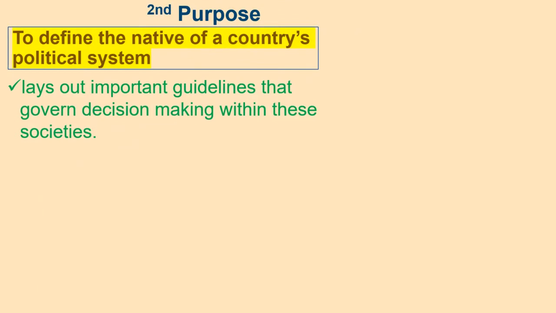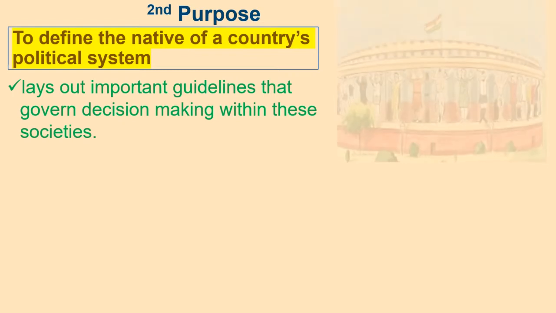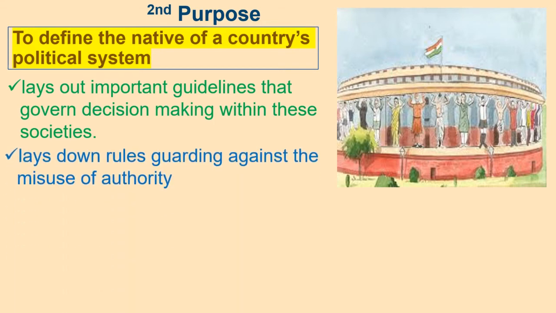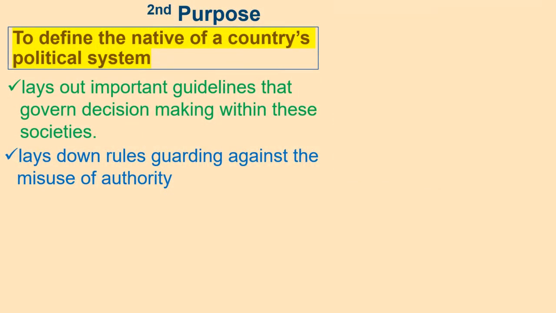The second purpose of the Indian Constitution is to define the nature of a country's political system. It lays out important guidelines that govern decision making within these societies. It lays down rules guarding against the misuse of authority.